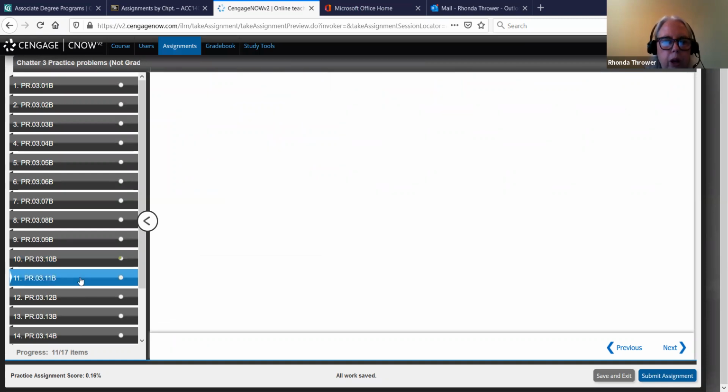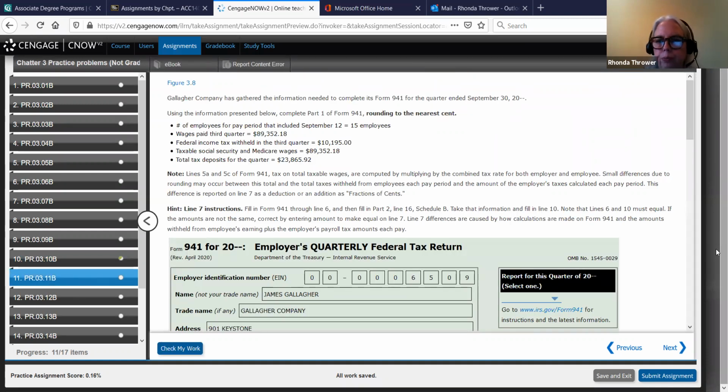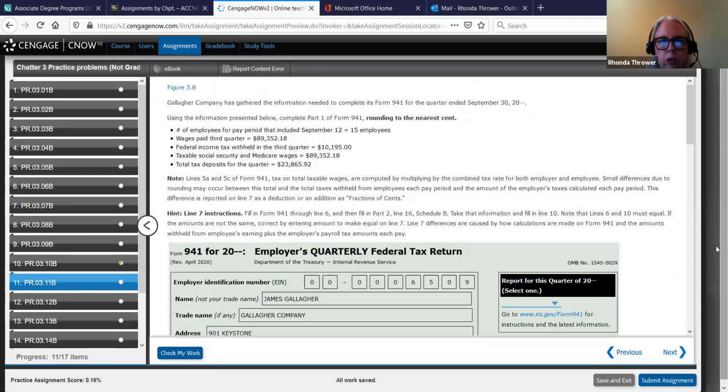I'm going to move to problem 3.11B, because that's where we should be. And in problem 3.11B, what we're going to be doing is completing a tax return for the employer's quarterly federal taxes.